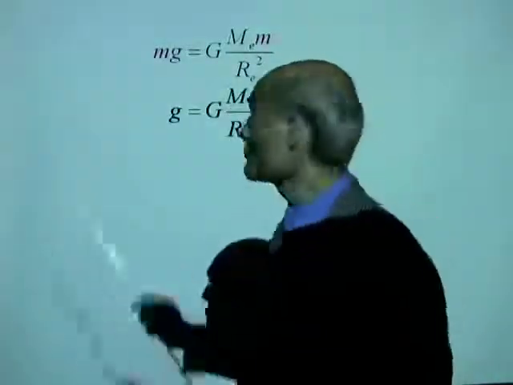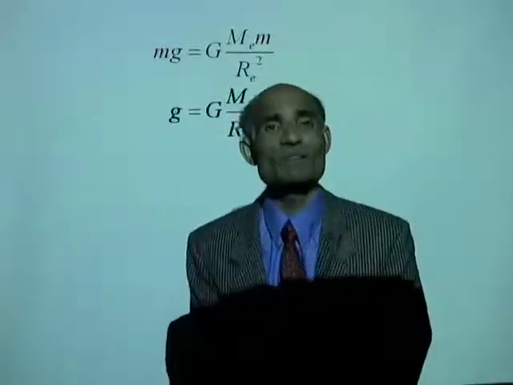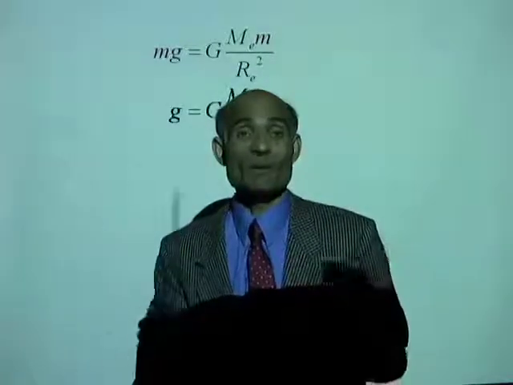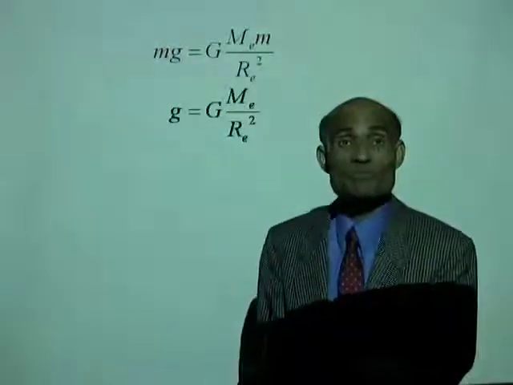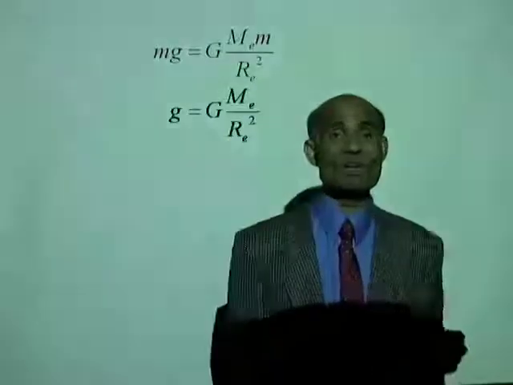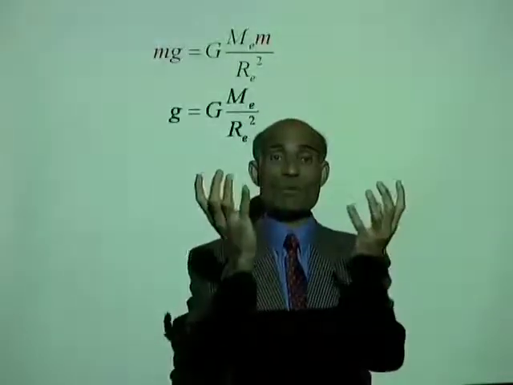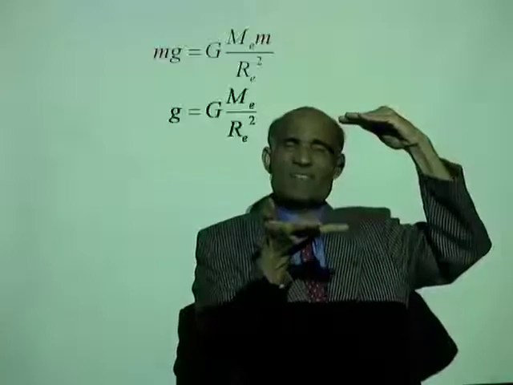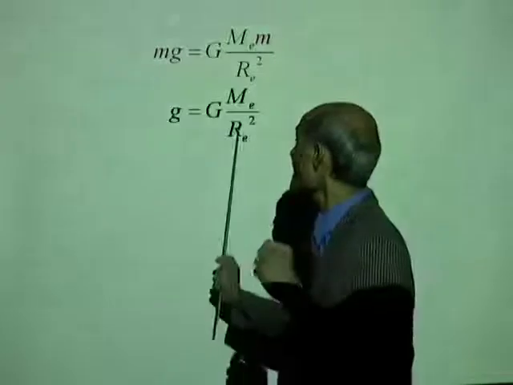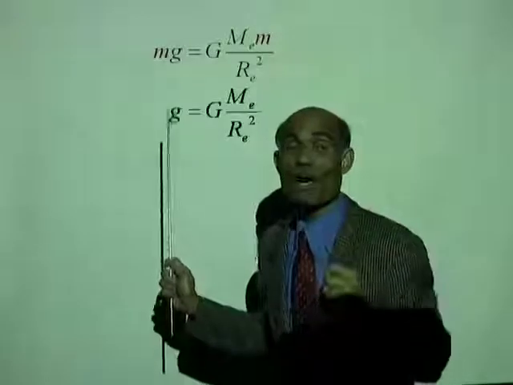Now tell me, is the value of g the same everywhere on the surface of the Earth? Well, no. Why not? Because the Earth is not a perfect sphere having the same radius all over. If you look at the picture, the Earth is actually like an orange. It is bulging at the equator and slightly flat at the poles. That means the equatorial radius, this r e, is greater at the equator and smaller at the poles.